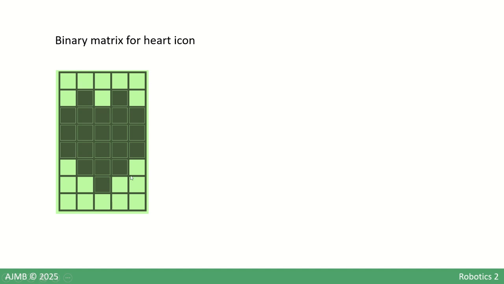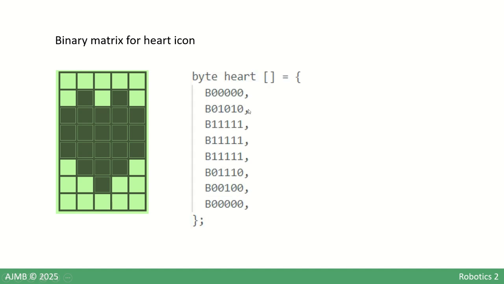So in order to activate individual pixels like this, what you need to create is a binary matrix. As you know, when we are dealing with binary, what would appear are numbers that are zeros and ones. So byte heart is the name that you gave to the custom character, because, well, you are forming a heart here.